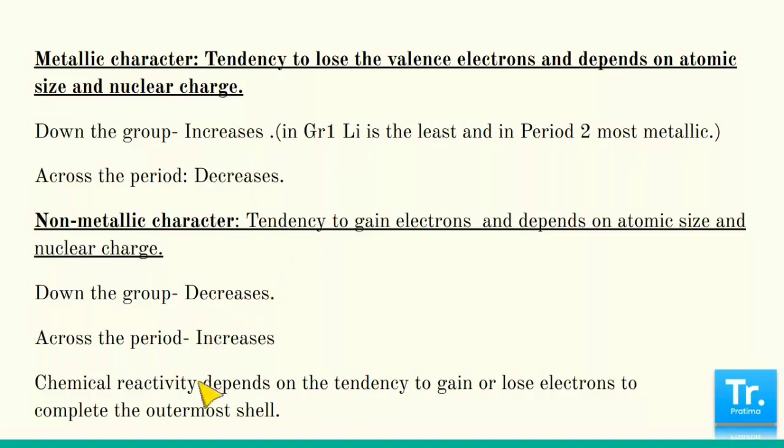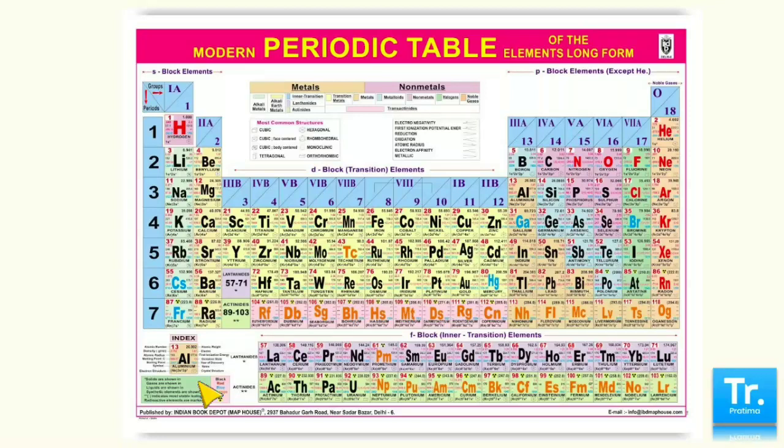Now the next topic is chemical reactivity, which is again very important, and to explain this I need to go back to this. Now see, as I told you, the first, the second and the third group, these are metals because 1 electron, 2 electrons and 3 electrons in the outermost orbit.